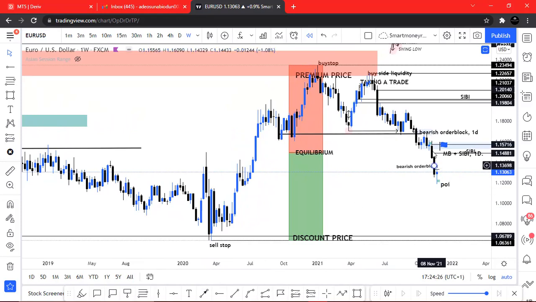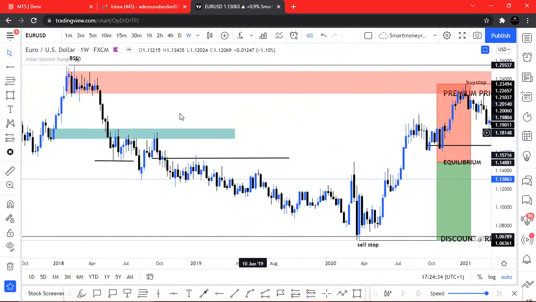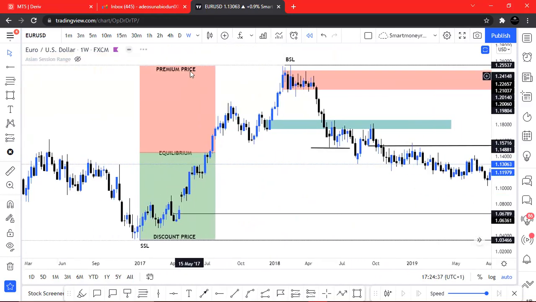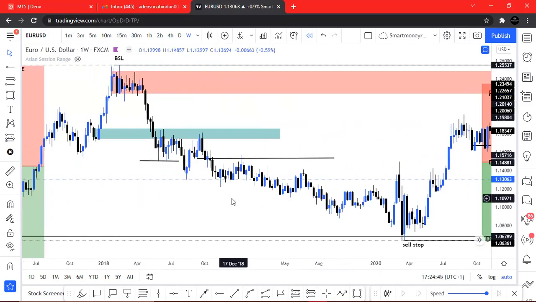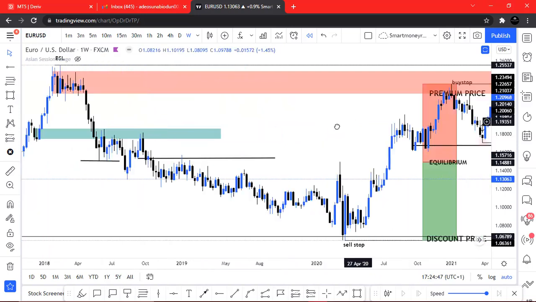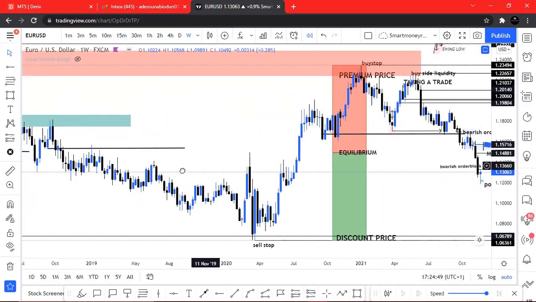Okay. So that is how to use this concept. I've shown you 2 examples and how they connect. You can see this buy-side liquidity inside this premium to discount. Price traded from this premium into discount, from discount back to premium, and from premium now we are going back to discount.